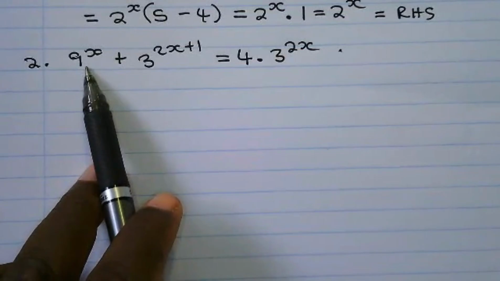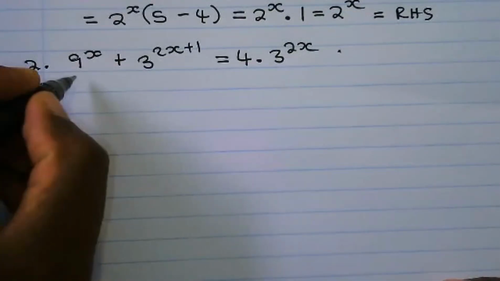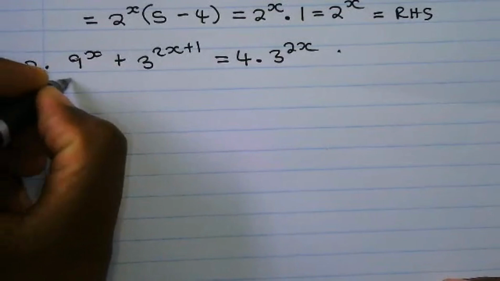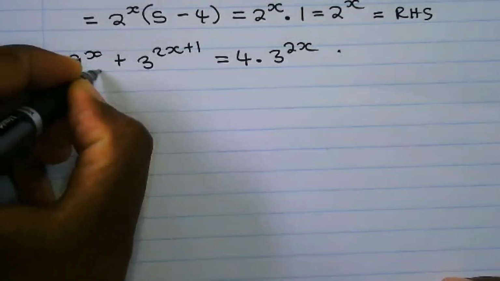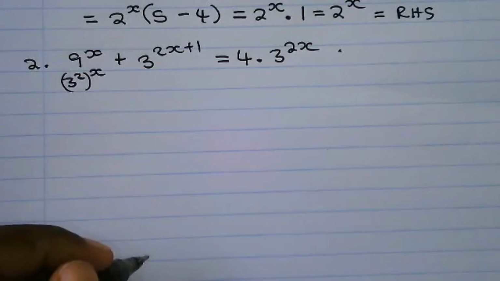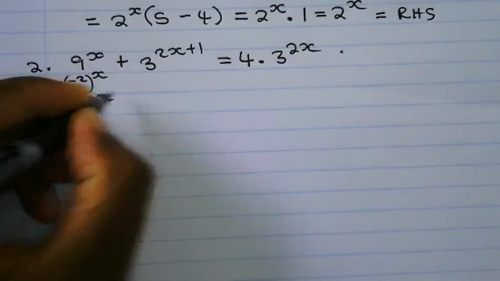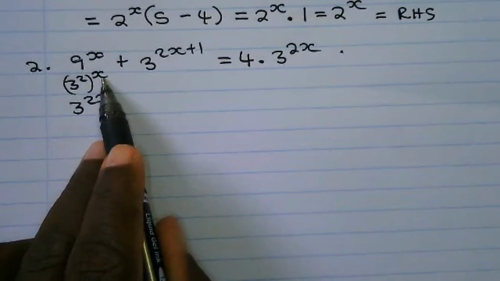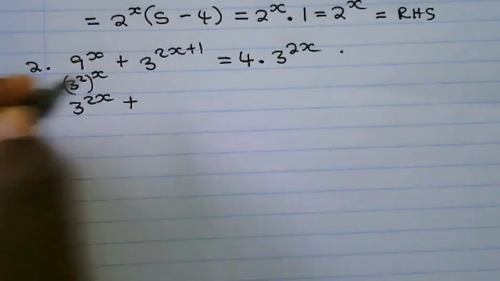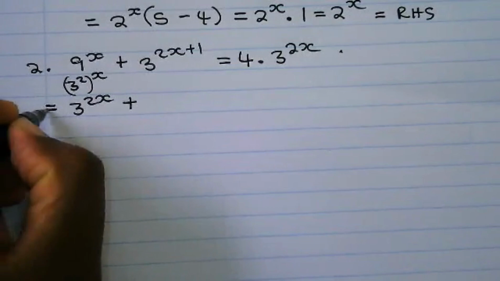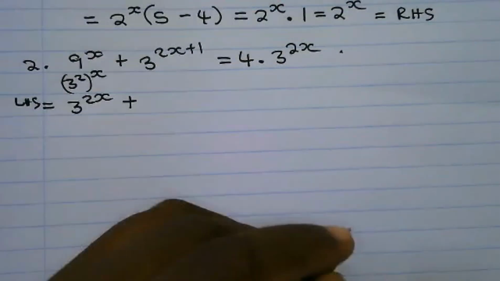There is a 9, which we can write as an exponent with base 3, so that will be 3 raised to 2 with an x there, and it will be 3 raised to 2x by multiplying this 2 by the x. Alright, I'm supposed to say the left hand side there.